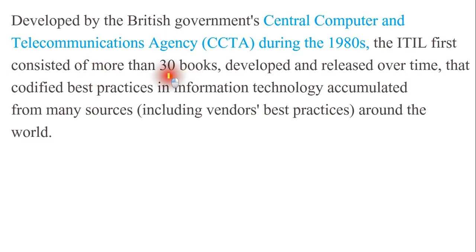Initially they developed and released 30 books over time, and time by time there were lots of revisions on those books, skills and practices. The way it happens, if you develop something today, later on there will be lots of versions and changes, and that codified best practices in information technology accumulated from many sources.